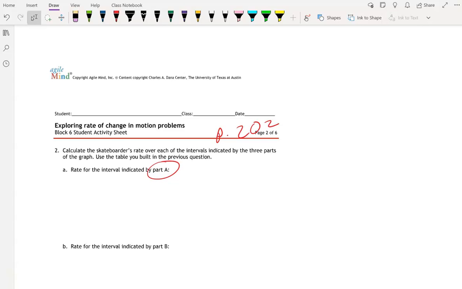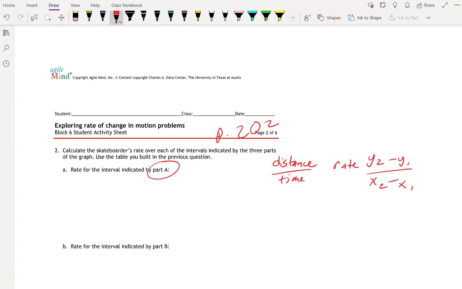Remember, when we want to find rates and we're dealing with distance and time, it is always distance over time. And distance is measured on the y-axis, so we want to find the difference in the distance. So the rate is going to be the change in y over the change in x, the change in the distance divided by the change in the time.